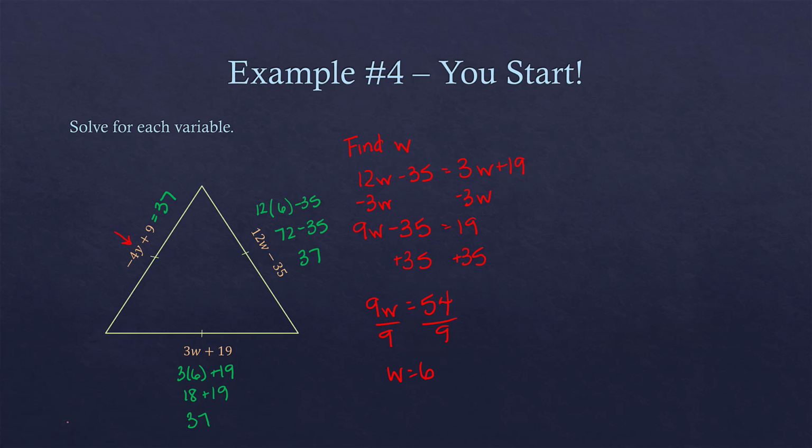And now I can solve for y. So set my y expression equal to 37, the length of each side. And now we find y equals -7. So this was a 3-stepper. First we find w, then we plug in w, and then we found y.